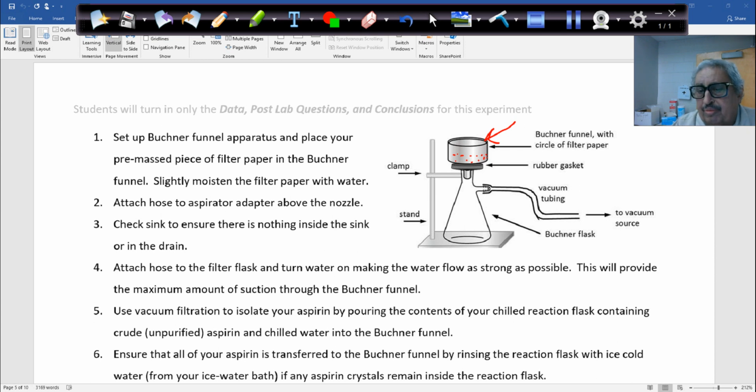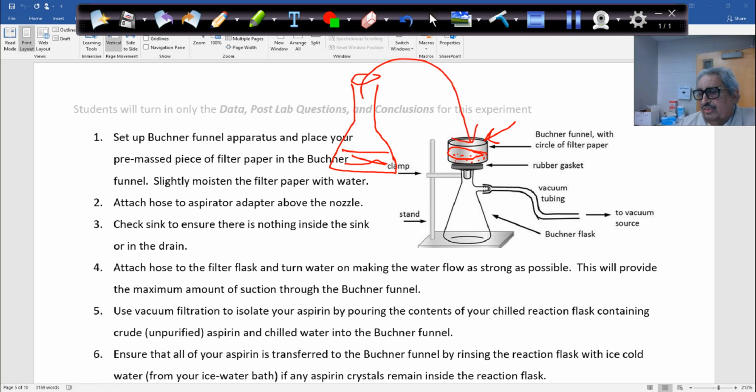Then you put the filter paper here on the top and you filter whatever is coming out of this Erlenmeyer. Remember, the Erlenmeyer here has acetic anhydride, salicylic acid and sulfuric acid. So you dump the whole thing and filter here. They call it vacuum filtration.